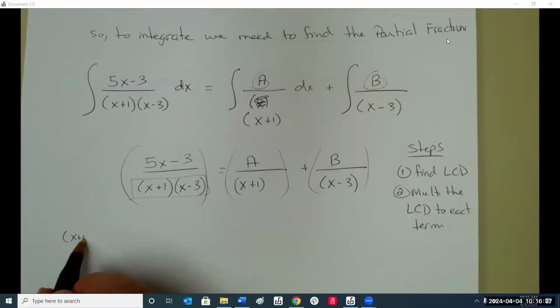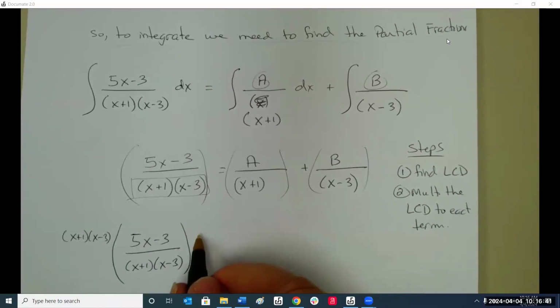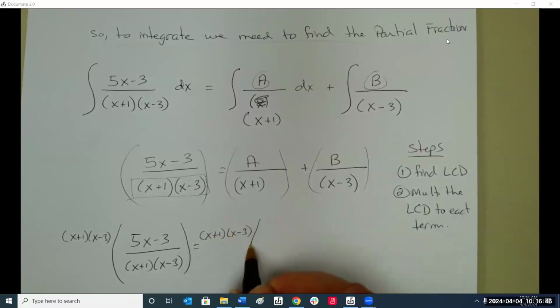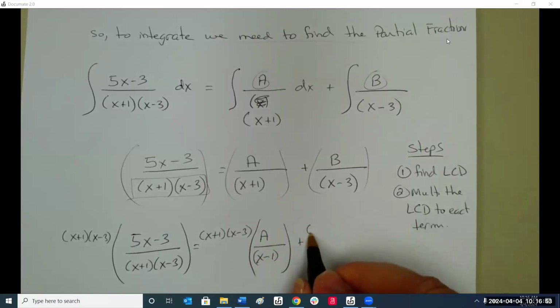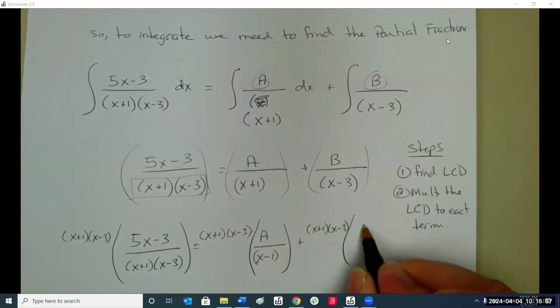So we have x plus 1, x minus 3 times 5x minus 3, x plus 1, x minus 3, times A over x minus 1, plus x plus 1, x minus 3 times B over x minus 3.